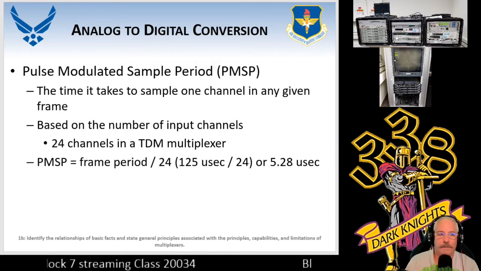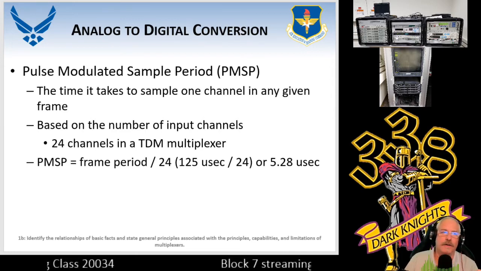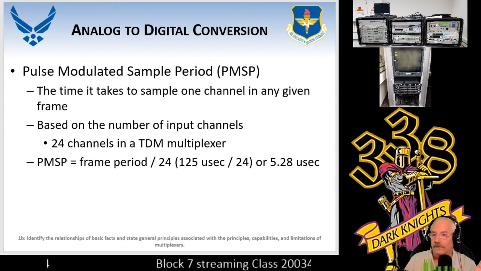So that's what a PMSP and a frame period are, just remember the definition and how they got it. Is a frame period bigger than a pulse modulated sample period? Yes. Pulse modulated sample period is looking at just one channel, whereas a frame is looking at everything.